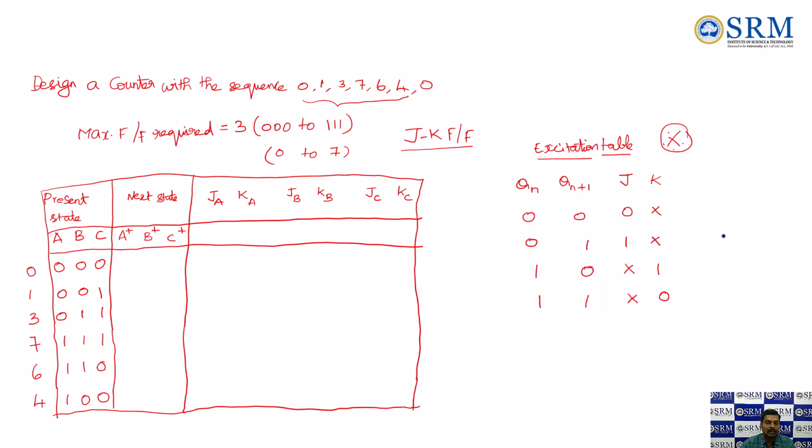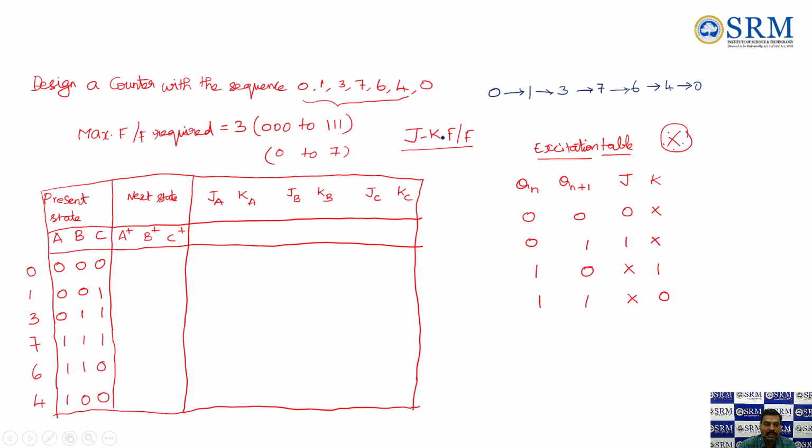The first sequence is given as 0. So then the next state is 1. Then the next state is 3. Then the next state is 7. Then the next state is 6. Then the next state is 4. And then this gets repeated. So again 1, 3, 7, 6, 4, 0.